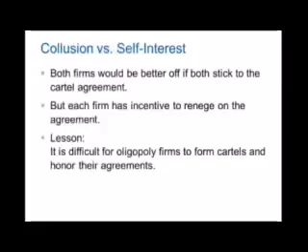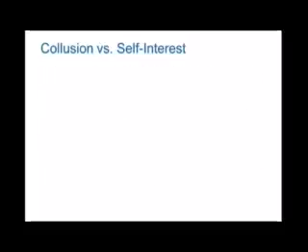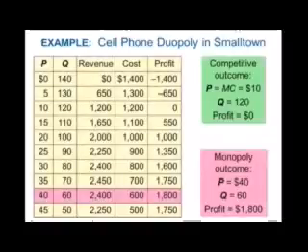So how do we find that out? Technically, if both firms decide to charge $40, AT&T might say, "Maybe if I charge $35 while Verizon is still charging $40, I could get a lot more customers." In fact, I could get all the customers.